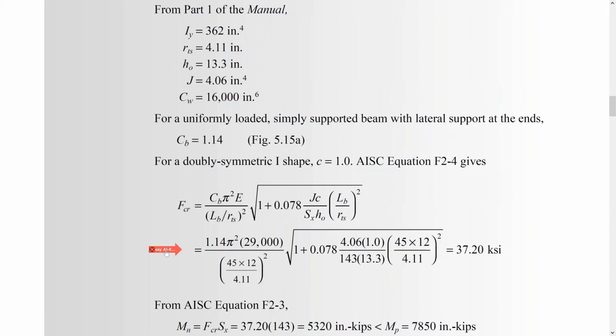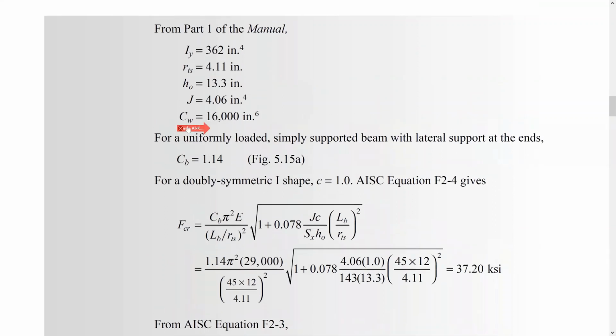So this is going to be Cb, which is 1.14, the one I just got, times pi squared times 29,000 for Young's modulus, divided by Lb, which is 45 feet times 12 to convert it to inch, divided by rts, which we got from the manual here, squared, times the square root of 1 plus 0.078 times J, which is 4.06, the one we got from the manual here, guys. c is 1, Sx, the elastic section modulus, is 143, and ho we got from the manual here, it's 13.3, and this is Lb converted to inch, divided by rts squared.